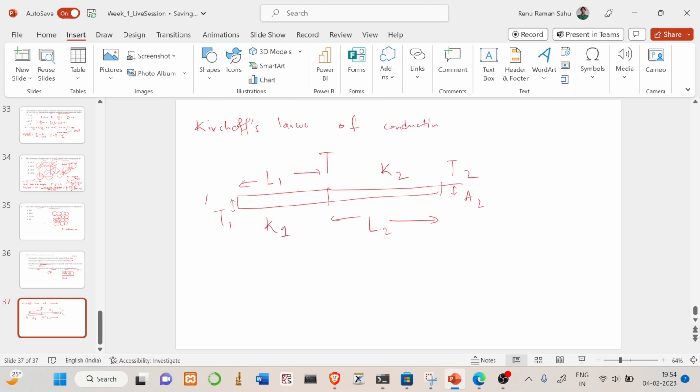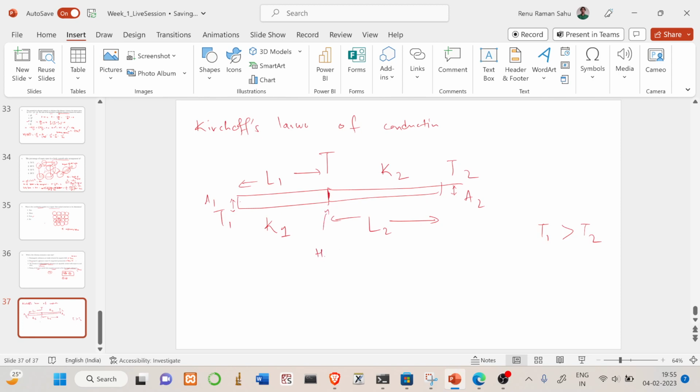Because of this temperature difference, let's say T1 is greater than T2, then heat will flow from T1 to T2. The point to note is that heat will not be accumulated at a particular point.